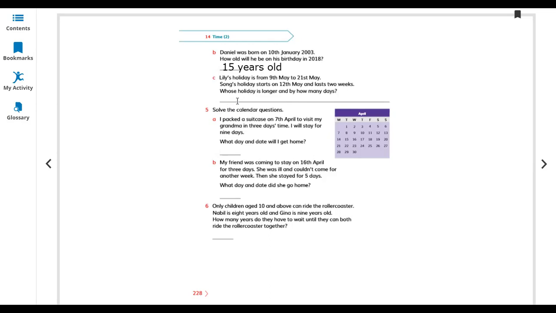So we can write here Song's holiday, and the difference is that it is longer by 1 day only.